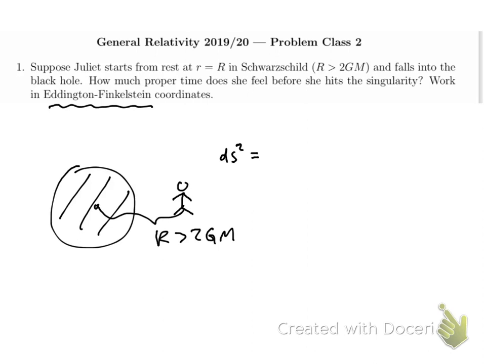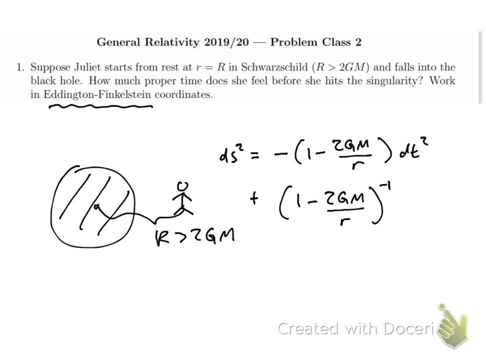The Schwarzschild metric in the normal Schwarzschild coordinates looks like this: (1 minus 2GM over r) dt squared plus (1 minus 2GM over r) inverse dr squared plus r squared d omega squared.